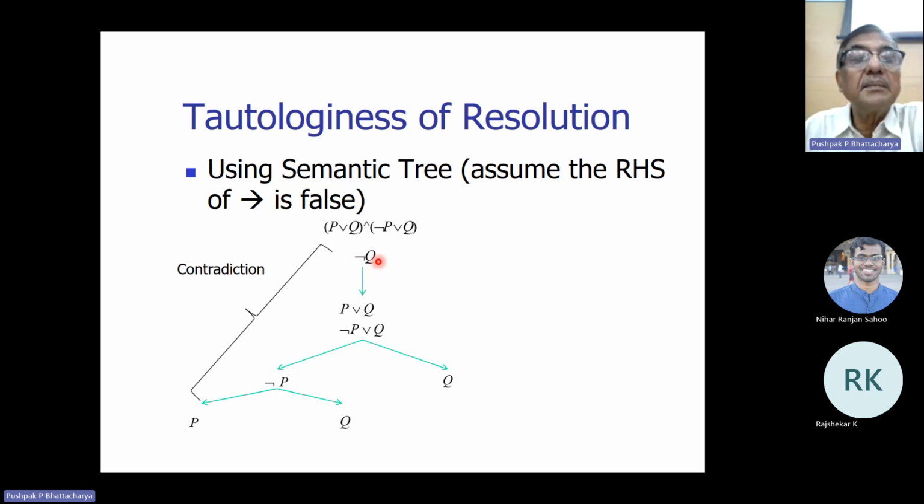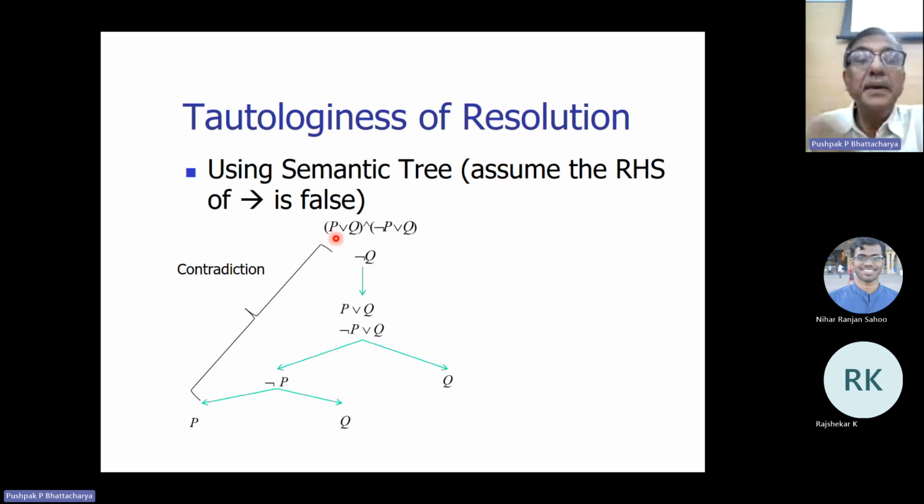The not Q should give rise to contradiction. (P or Q) and (not P or Q) should give rise to Q. And we would like to prove this by contradiction. So take not Q and also take (P or Q) and (not P or Q) together.